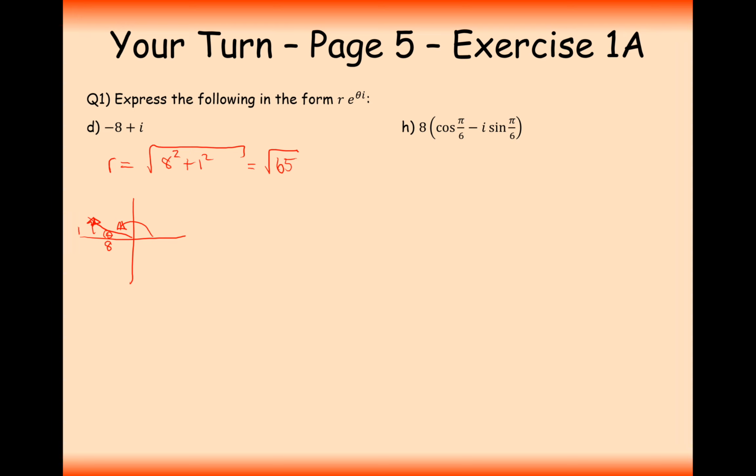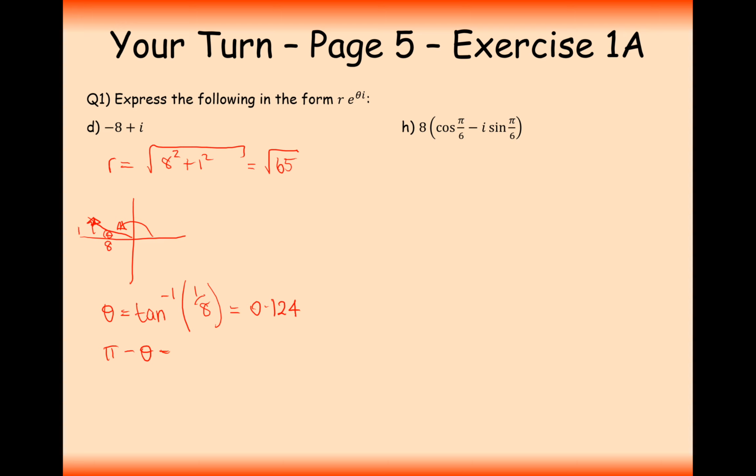So theta is going to equal tan inverse, opposite over adjacent, 1 over 8. So let me grab my calculator. Let's make sure it's in radians mode first. So tan inverse 1 divided by 8. And that gives me 0.124. But then we need to do pi minus theta to give ourselves the actual argument.